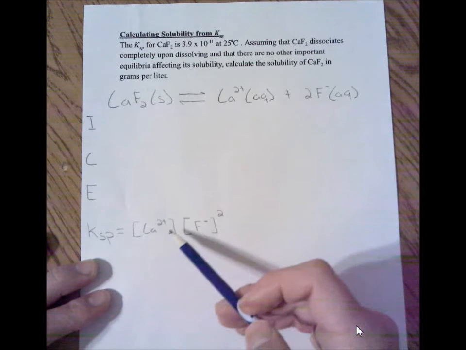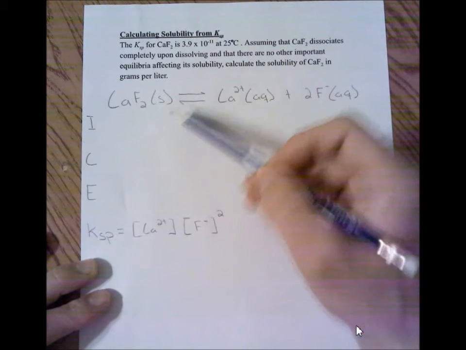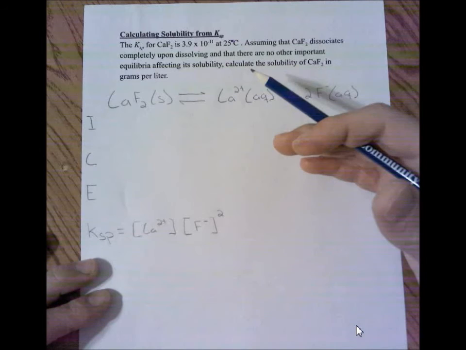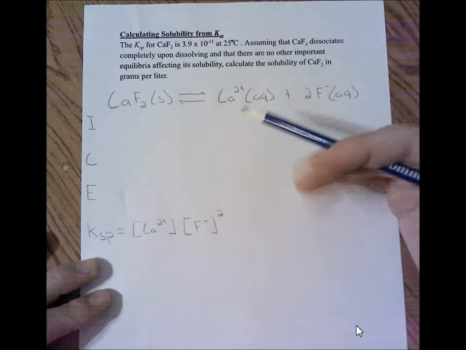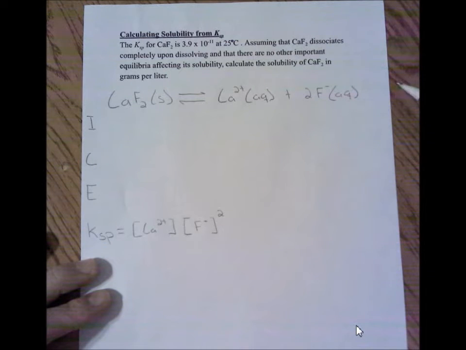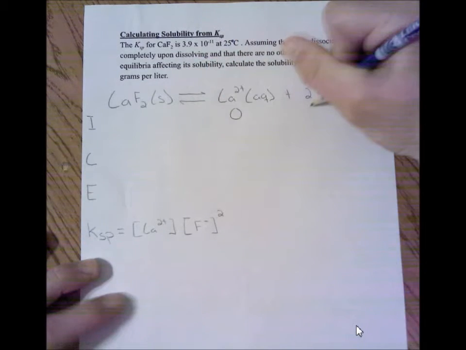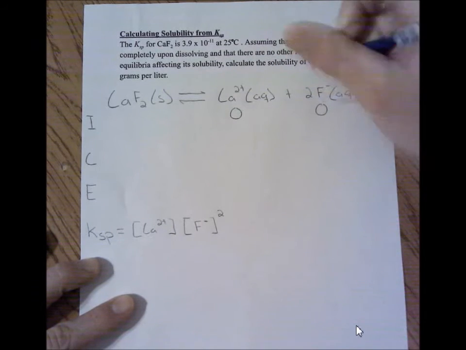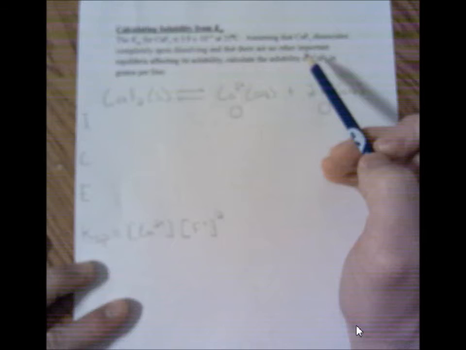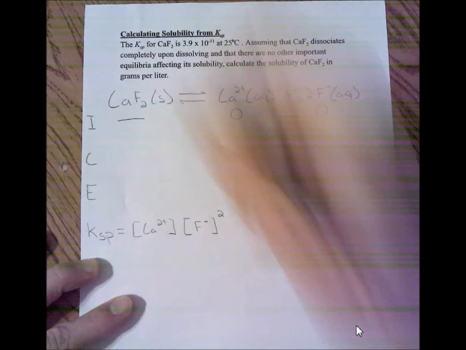If I have solid calcium fluoride and I'm going to make a solution, number one, at the beginning of this, I don't have any calcium ions or fluoride ions. So our initial concentration is going to be 0. And then over time, as our calcium fluoride dissolves and dissociates completely, we can just put a dash mark here. We don't have to worry about calcium fluoride. But as it dissociates, it's going to gain some calcium.